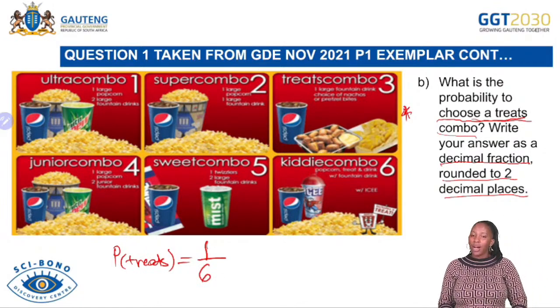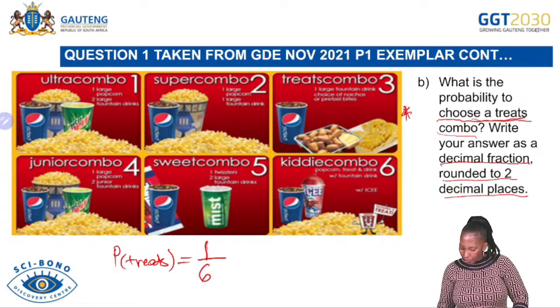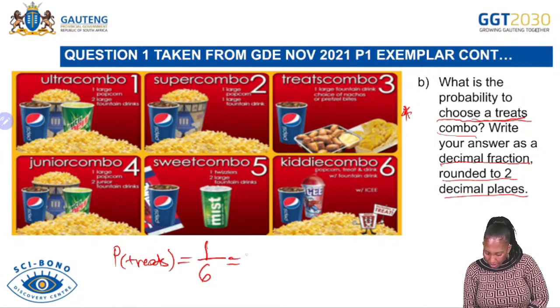Now you go to your calculator, boys and girls. We say 1 divided by 6. It will give us what? Our answer is 0.1666666. So it's infinite.